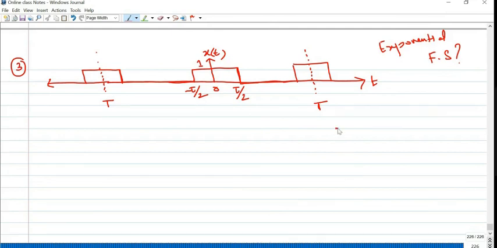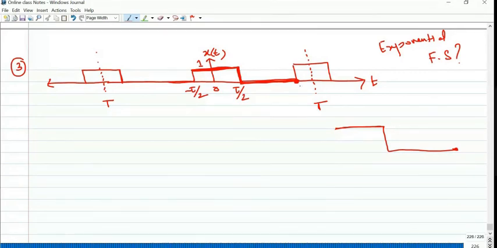Either you may consider minus tau by 2 to tau by 2, and then a constant is okay, correct? Up to this particular point, time plus after. So this will give one fundamental period. Similarly, this one complete time.